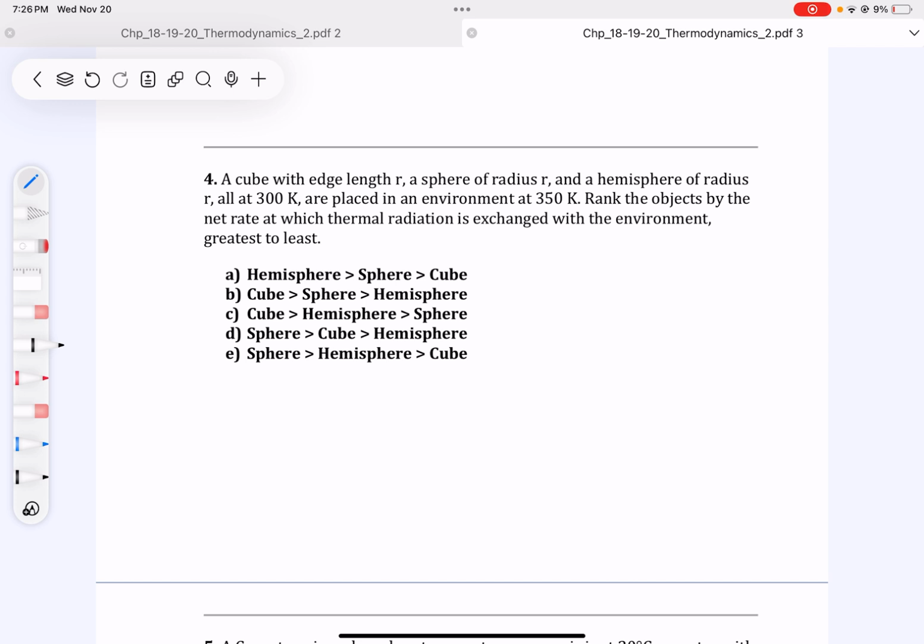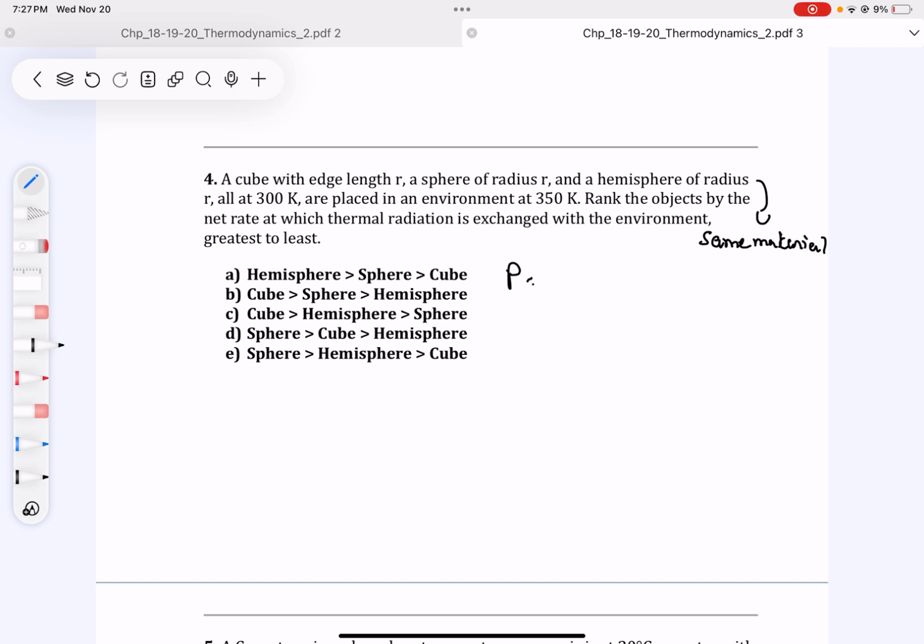Here we need some information: it's the same material. The three objects are from the same material. Why do we need this?